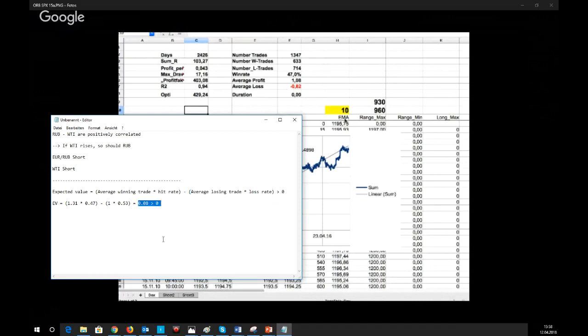What I'm referring to is that it doesn't matter if you're winning or losing, but you can expect to win on average per trade you make. It's a winner or a loser, you don't know, because it's nearly a coin flip. It's a 47% hit rate here, but you can expect to make 8 cents per euro risked per trade. And that means, for example, that if you're risking 1,000 euros and you multiply this with 8 cents, then on average you're making 80 euros per trade.